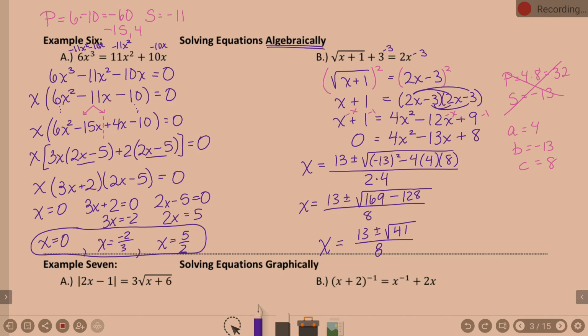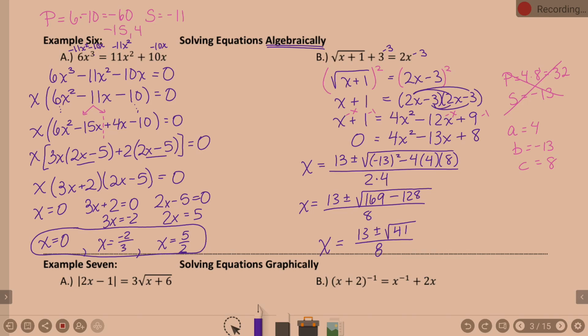What about the square root of 41? Is it a perfect square? No. Are there any perfect squares in it? That's the catch. No. 41 is prime. It's just 1 times 41, so that's not going to happen. So you could leave your answers that way.